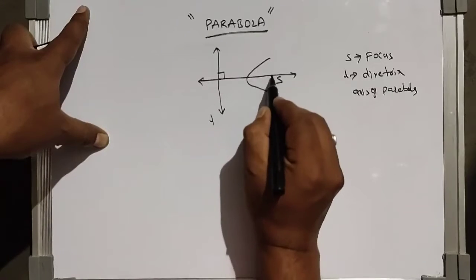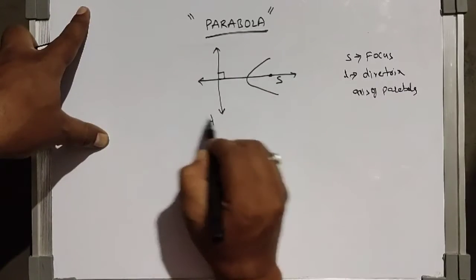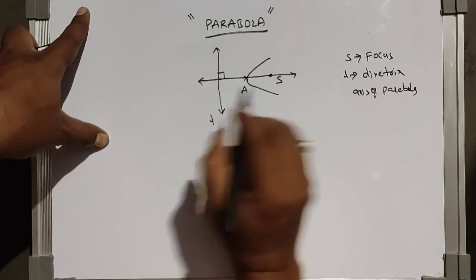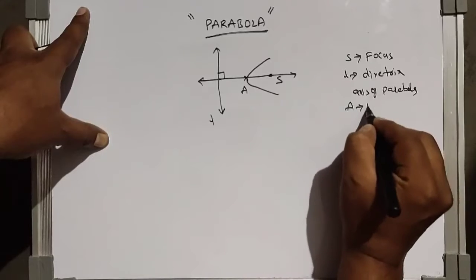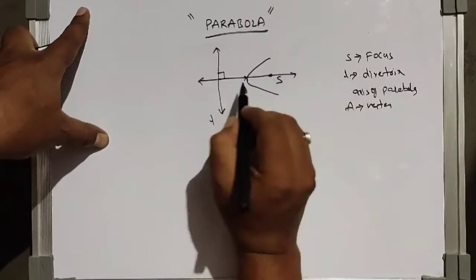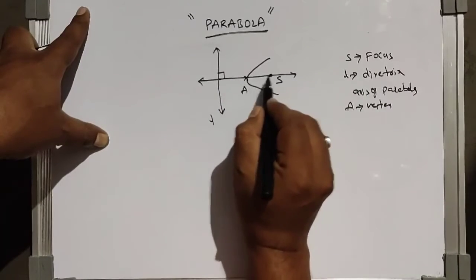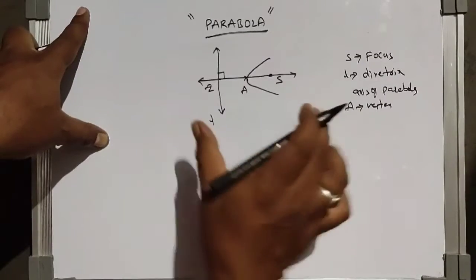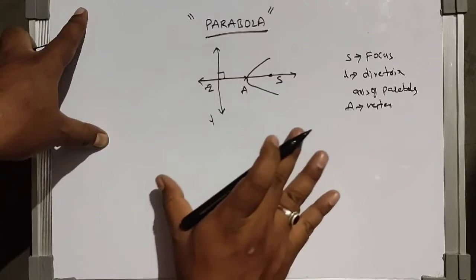So mainly we should think about the focus, the directrix, and this point, which is called the vertex. A is called the vertex, and if you take the projection of S on the line L, just take it as Z. So these are the main points on the parabola.